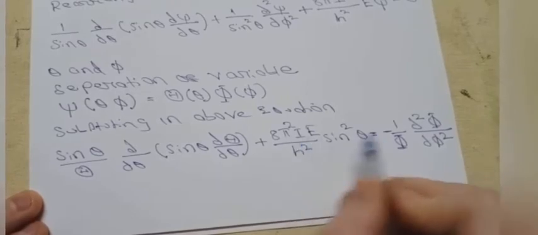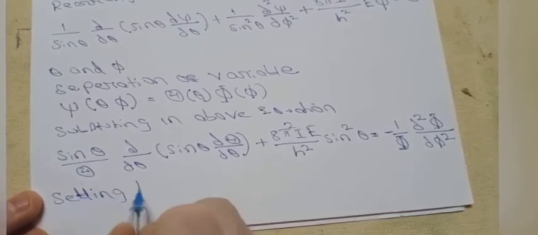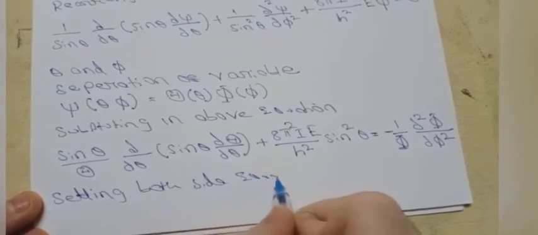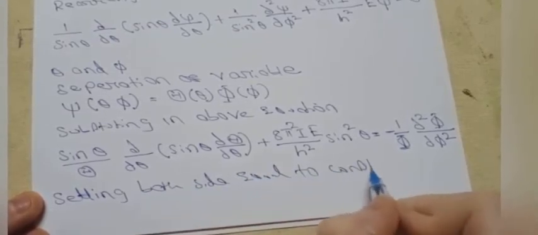Now what we will do is set both sides, the left side and the right side, equal to a constant, say m square.